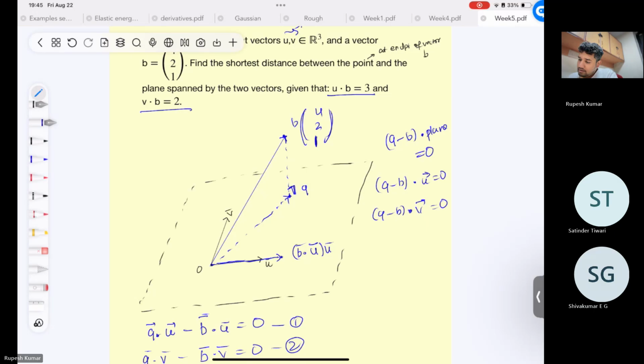Similarly, you take the dot product of B with V, and you get to this vector, B dot V in the direction of V, right? Now, when you add these two vectors, geometrically you can see the sum of these two vectors is this vector Q. So you will see geometrically that Q is essentially B dot U along U plus B dot V along V. Everyone, do you agree with this?